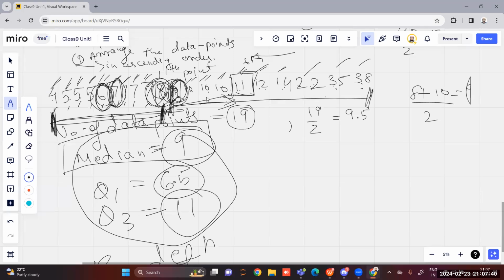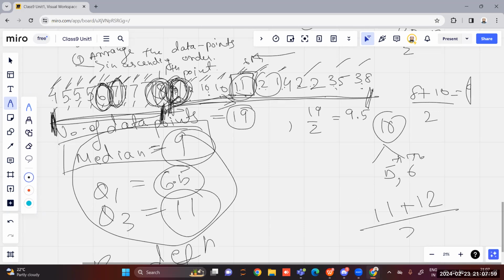So we'll consider 10 to 11, where there are 10 observations, an even number. So the average will be taken of the fifth and sixth data points. This is the fifth and this is the sixth. The average of 11 and 12 is 11.5. Yes or no? 11.5.